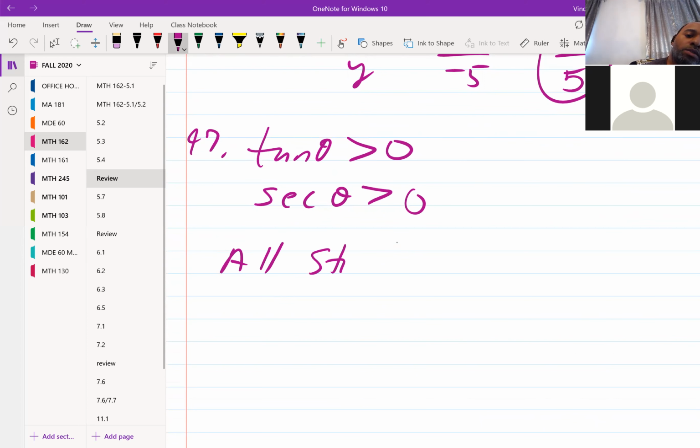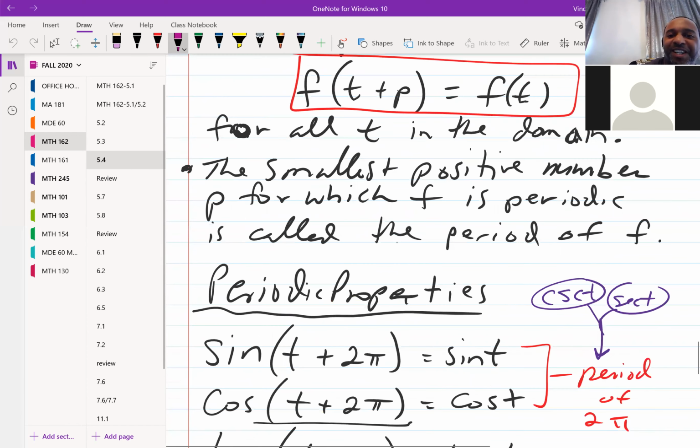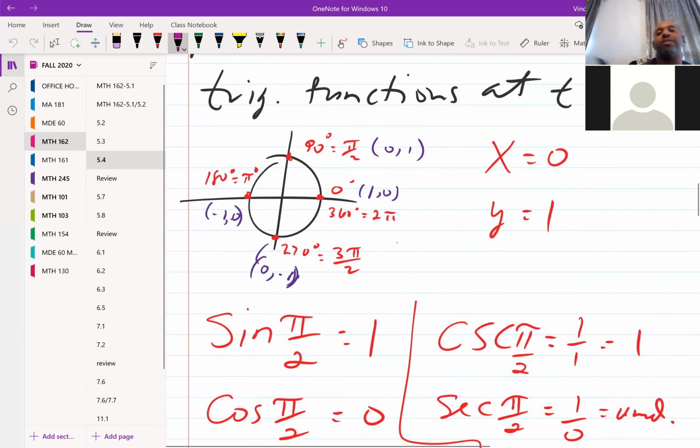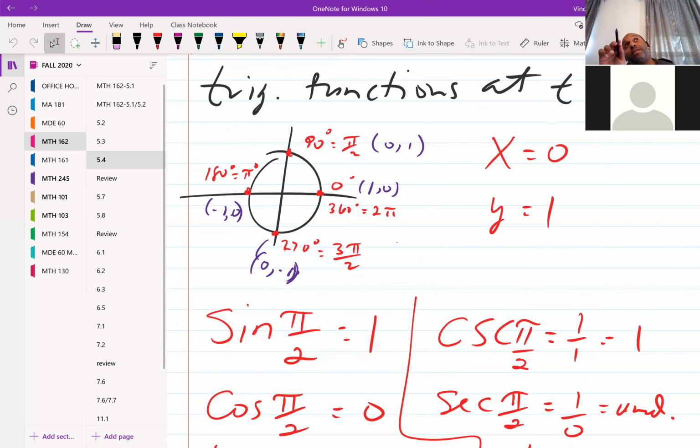All students. Dang, what was it? All students. I forgot what it is. I know I got it in my notes. Hold on a second. I'll try to remember it off the top. I know when I remember the order, because, hold on. So got all, sine, tangent, because all students take calculus.